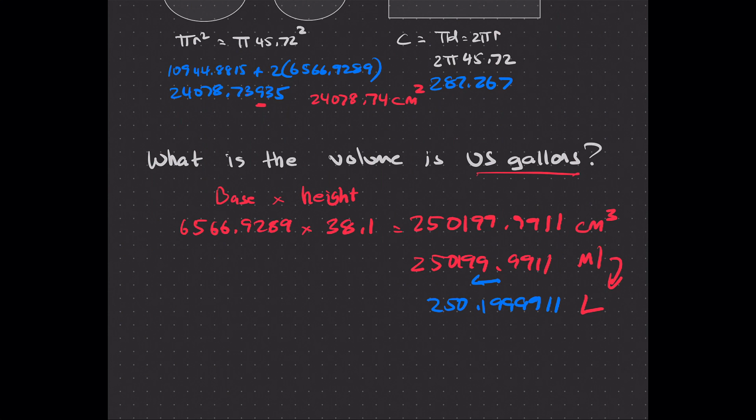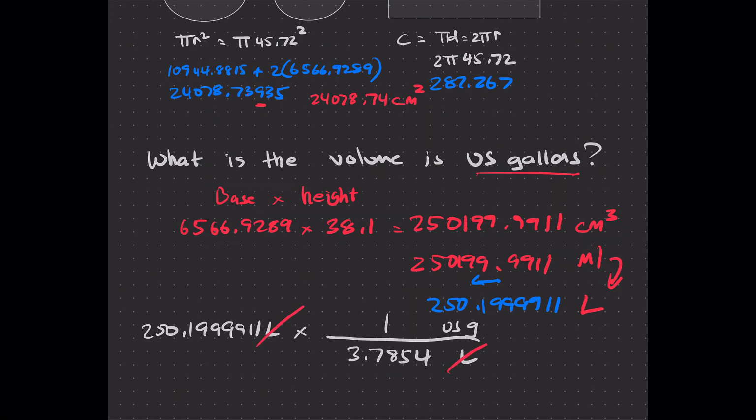Okay, so now we need to take that and input that into a calculation to convert that to gallons. So I've got 250.1999911, and that's going to be liters. I'm going to multiply that by, well, I want liters on the bottom and gallons up top, and I know that 1 gallon is 3.7854 liters, and these are US gallons, and that causes me to cross out my units for the liters, leaving me with USG.